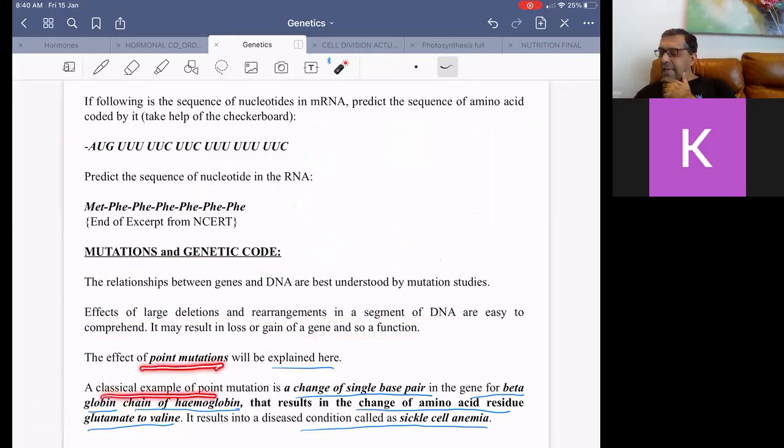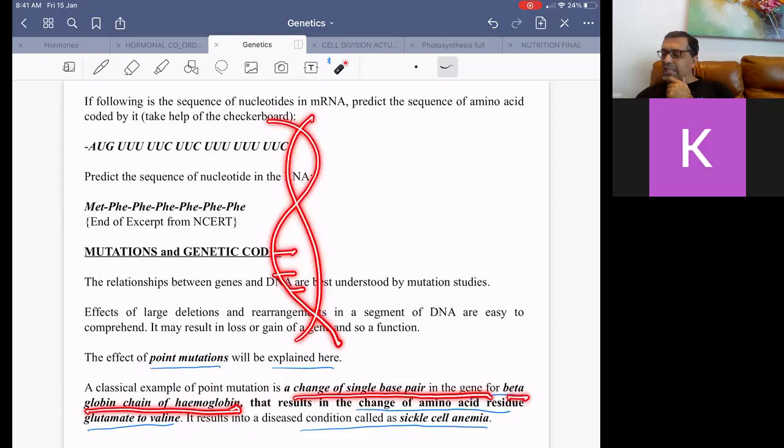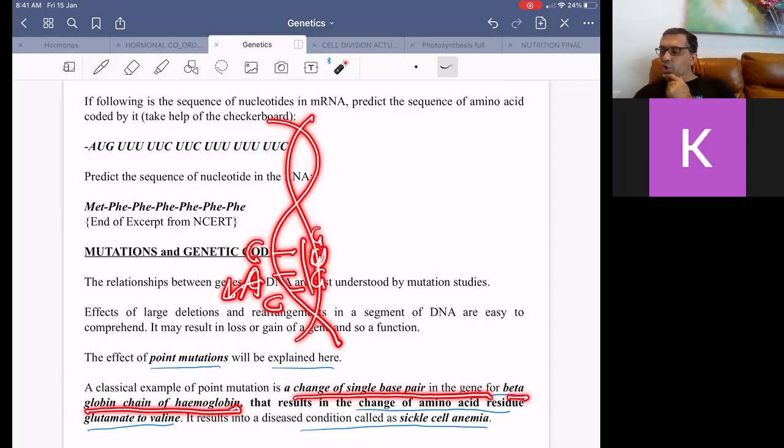A classical example of one point mutation is a change of a single base pair in the gene for the beta globin chain of hemoglobin. एक हीमोग्लोबिन के अंदर एक जीन है, उसके अंदर समझो सीक्वेंस है CCC and codon would be GGG और उसके अंदर C की जगह आ गया A, तो कोडॉन will become GGG की जगह GUG.